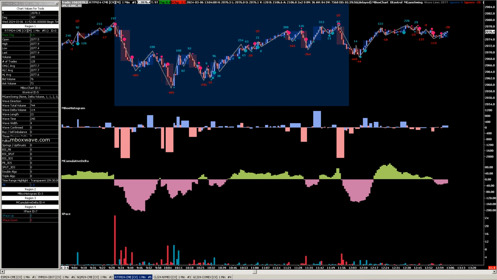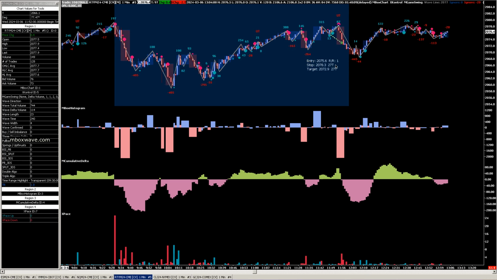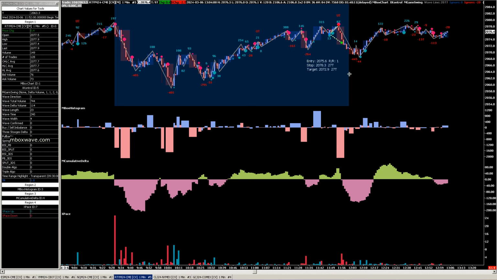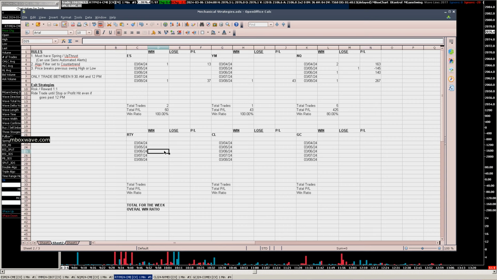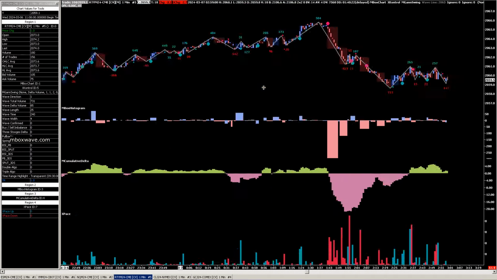So here's going to be our stop, entrance, and we get to that 1 right there. So this was 27 ticks on March the 6th, a win. All right, let's keep going.